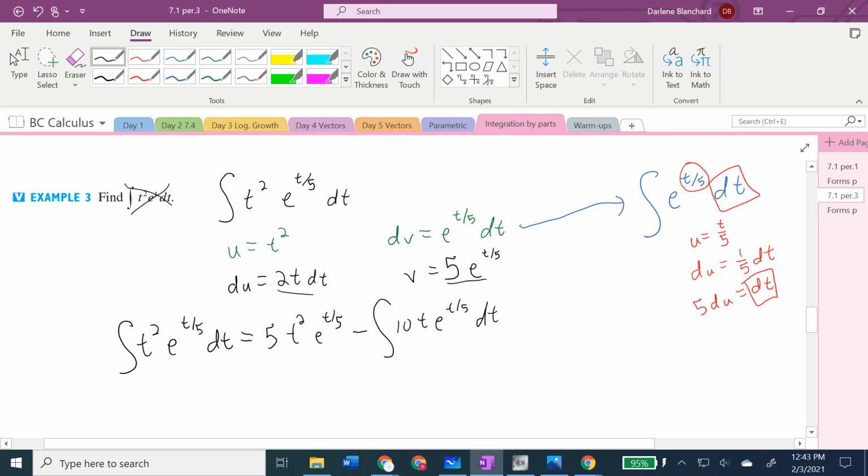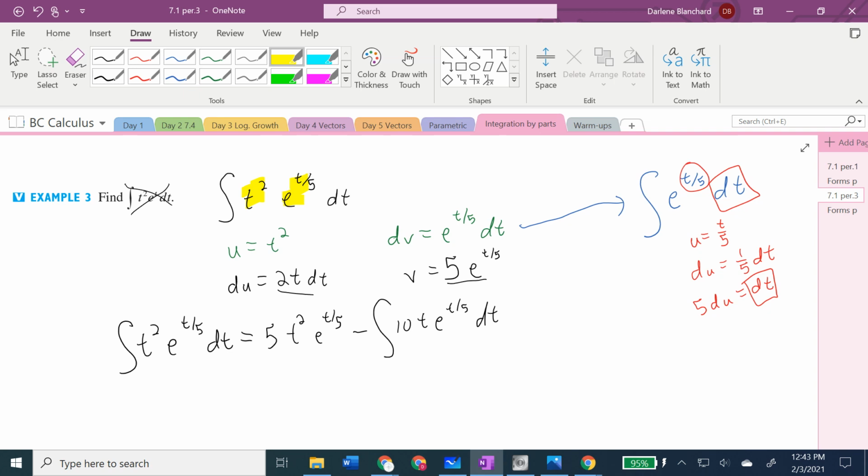And do you see what happened? This process brought your polynomial down 1 degree. That means when you run into a polynomial multiplied by either an exponential or a sine or a cosine, the number of times you must use this process is the same as the degree of that polynomial.